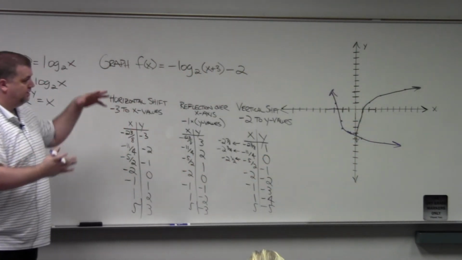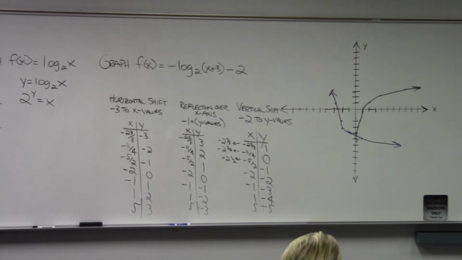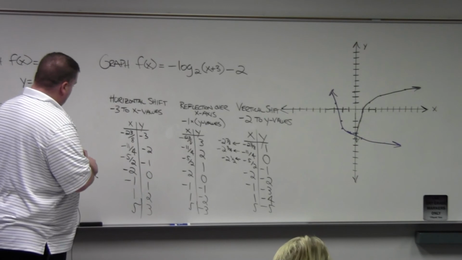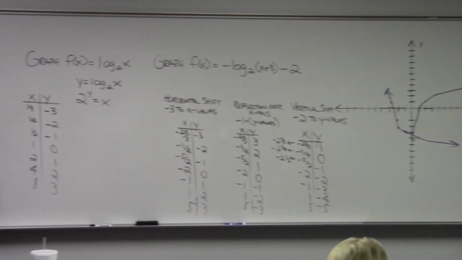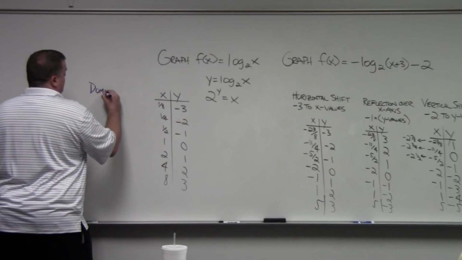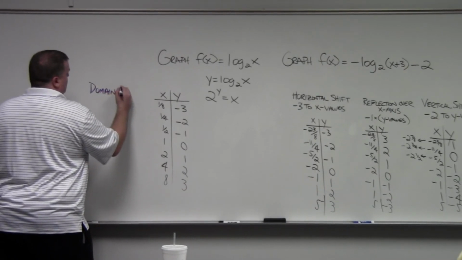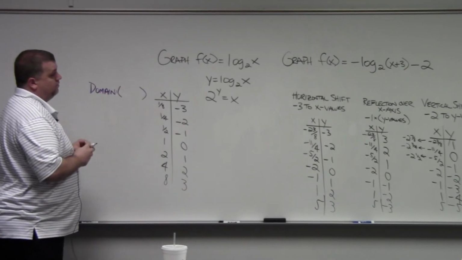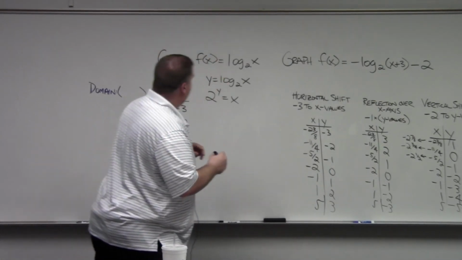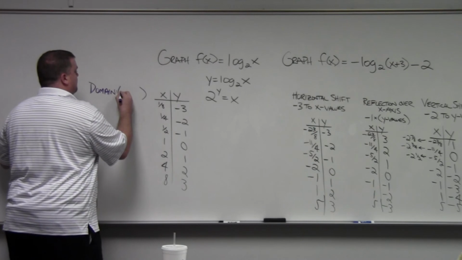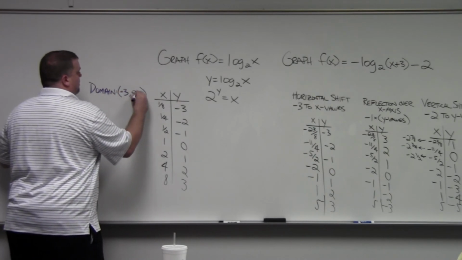Same shape, just in a different part of the graph. Okay, so what's some information we can derive from that? What would my domain be? Negative 3 to infinity, right?